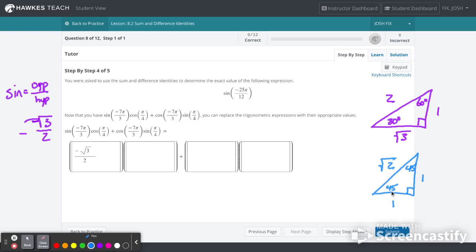So if I did the cosine of any one of those, that would be adjacent over hypotenuse. And so in that particular case, our cosine of pi over 4 would be 1 over the square root of 2.